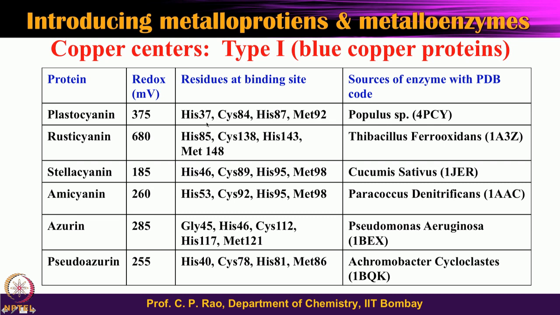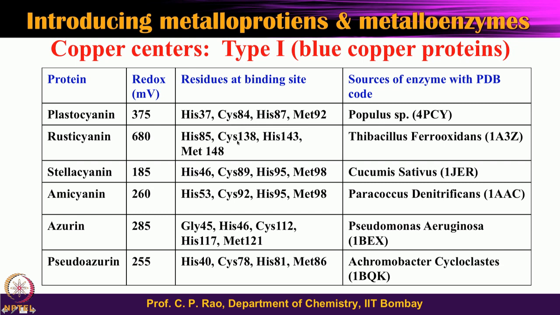One does not need to remember numbers like histidine 37, cysteine 84. All one needs to know is that there are two histidines, one cysteine, and one methionine in plastocyanin. In azurin there is one glycyl CO, two histidines, one cysteine, and one methionine. This is the one where you have 5 coordination, and these are the ones where you have 4 coordination.